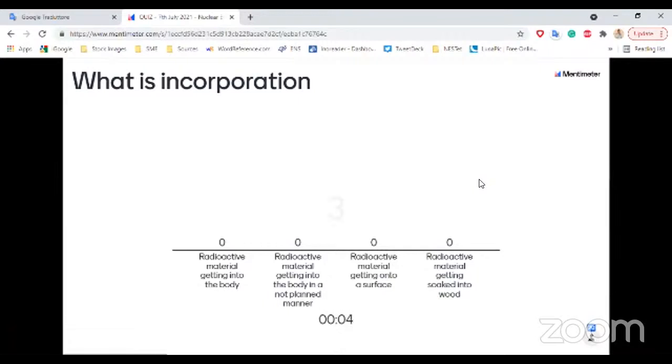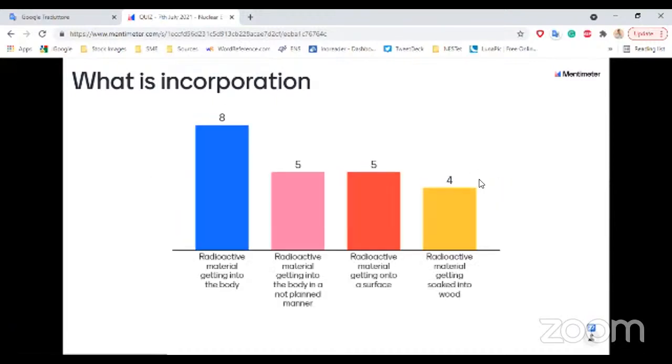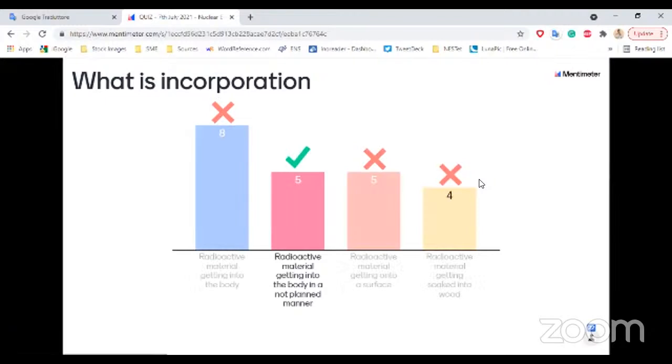Five seconds. It was quite tricky, but the incorporation is radioactive material getting into the body in a not planned manner. So the correct answer was the second one.